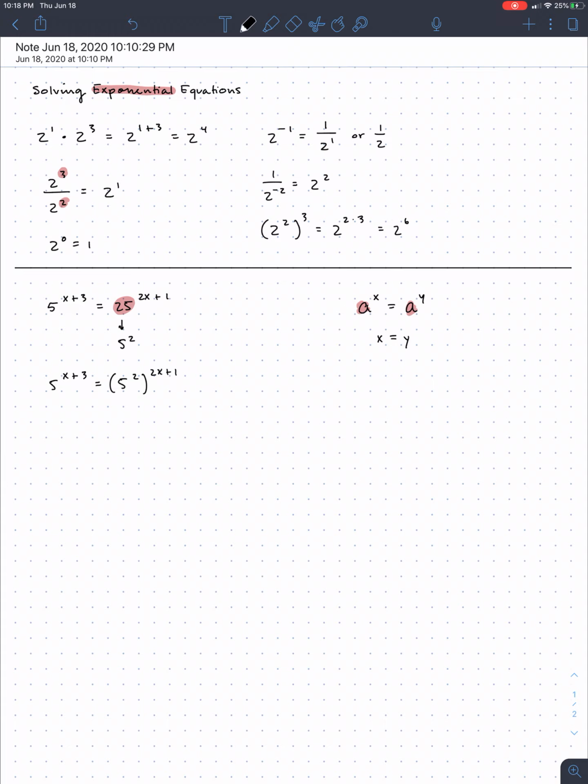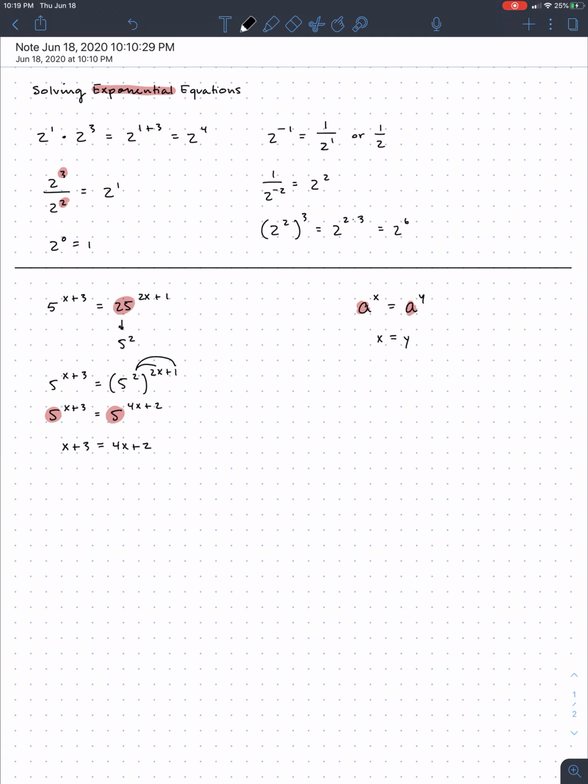So now I have 5 to the x plus 3 is equal to 5 to the power of 2 times 2x plus 1, so I need to distribute. So this becomes 4x plus 2. So now my bases are the same. They're both 5. So that means I can solve by setting x plus 3 equal to 4x plus 2.